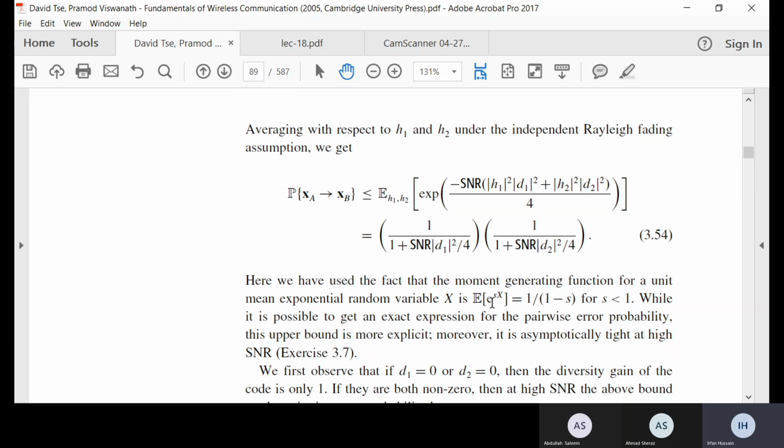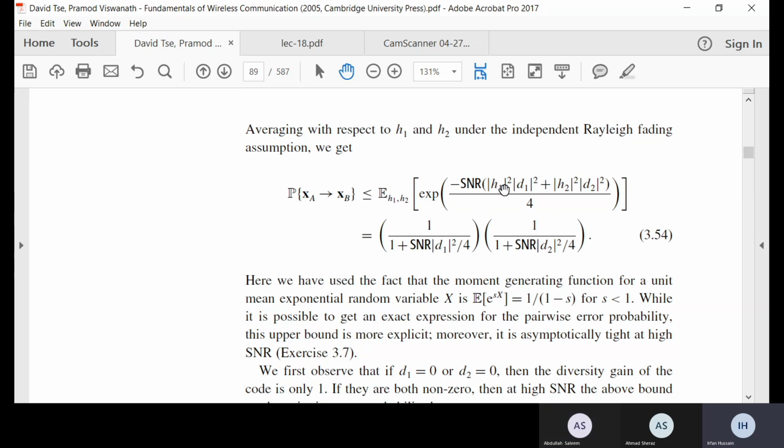There is a moment generating function for this. Expectation of the exponential of our exponential random variable x is given as 1 over 1 minus s. Because h1 and h2 are independent, I can separate them: mean of this times mean of this, and for each I can just apply this operator 1 over 1 minus s.